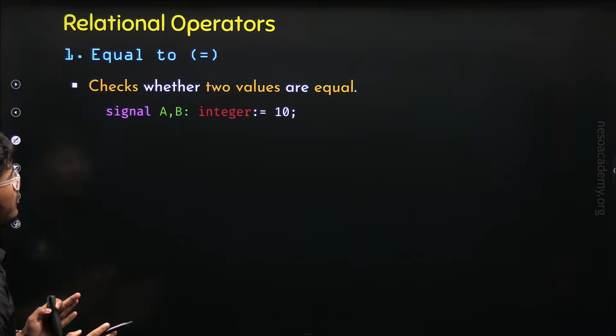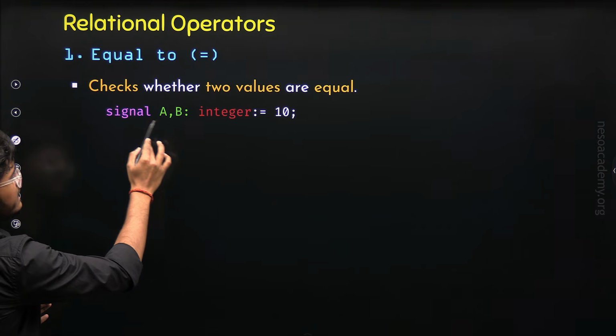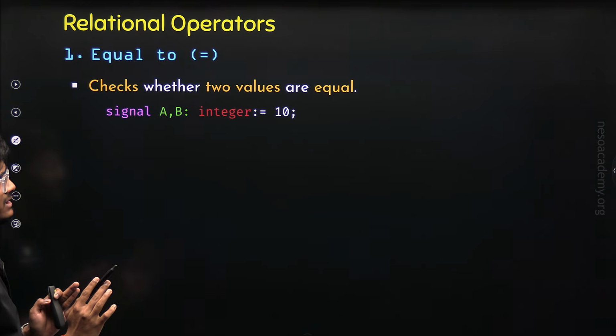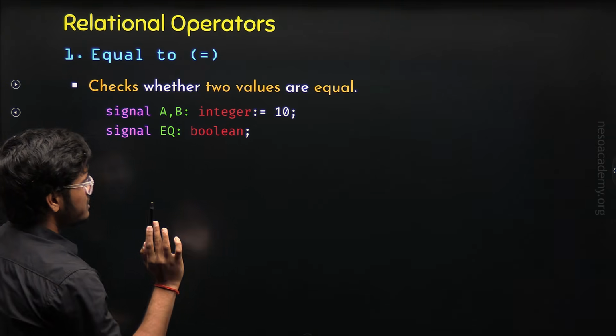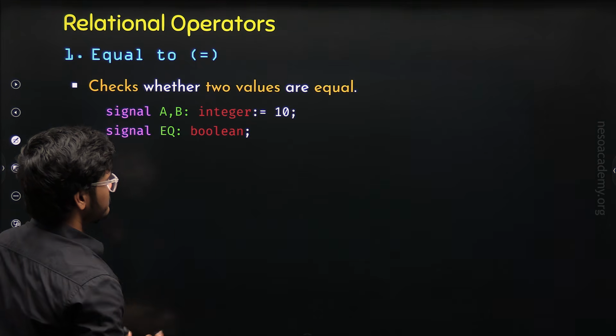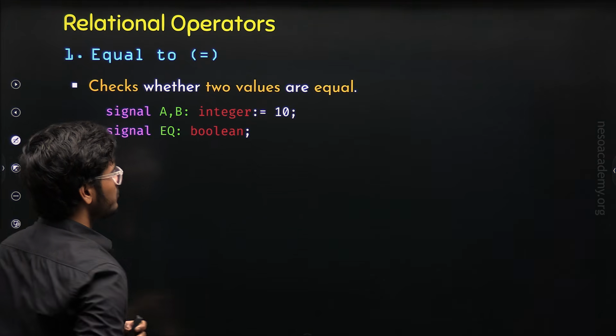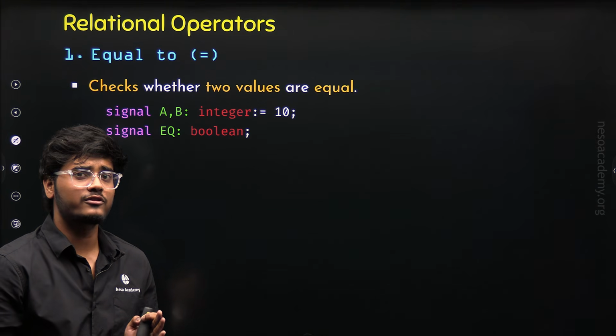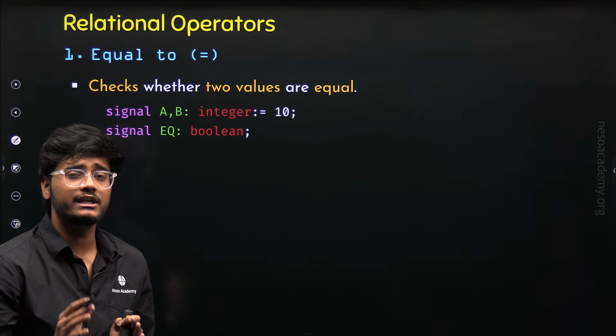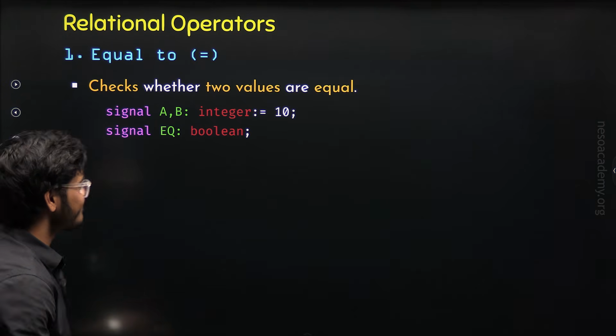Now, I want to perform equal to operation on these two signals and store the result inside another signal, example EQ, which is of Boolean data type. That is, this signal EQ will either be true or false. Now let's see how to perform equal to operation using equal to symbol.